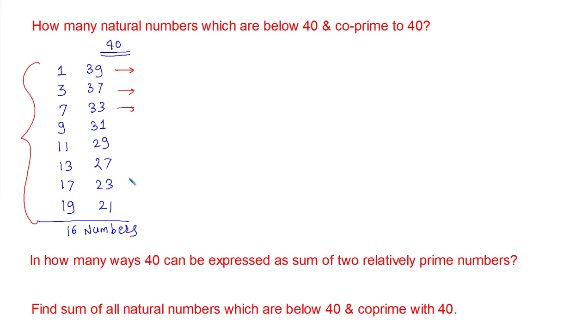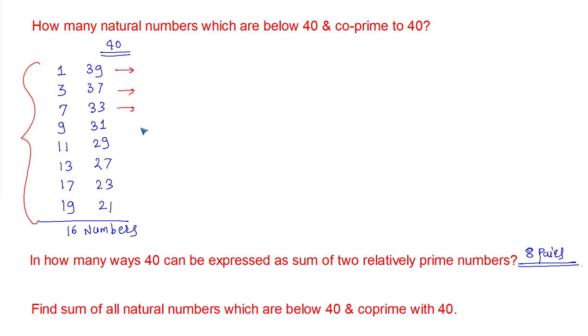And this is going to happen for each and every number, not only 40. So you can see that there are 8 such pairs. Which pairs? 1, 39, 3, 37, 7, 33, and so on. These are a total of 8 pairs in which we can express the number 40 as a sum of two relatively prime numbers.